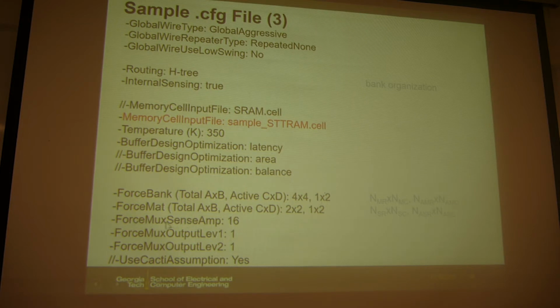And then the max sensing, that is how many columns share one sense amp. So you have those parameters you can modify, but you may not need to do that for your homework. If you use this tool for other designs, then those are the parameters to modify if you want to change the organization of the bank.